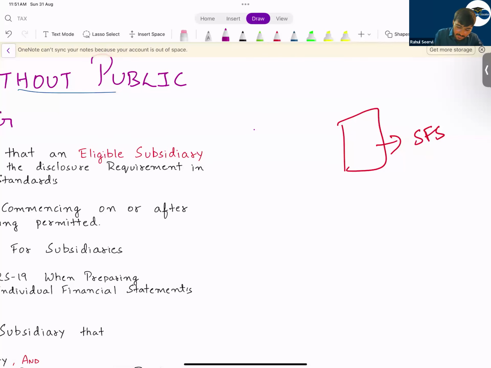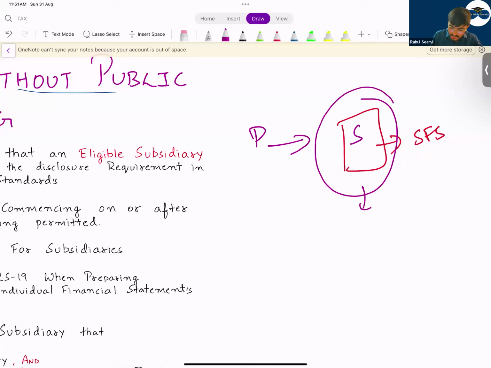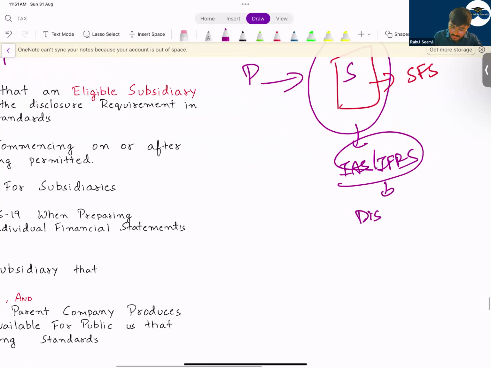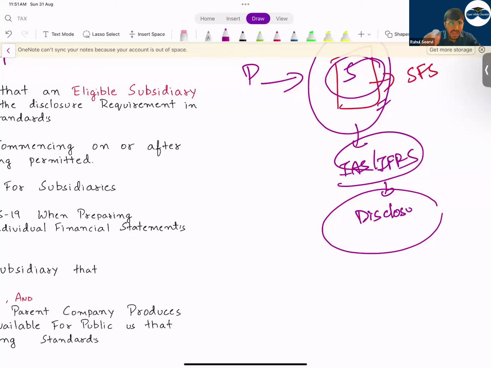Now this subsidiary company will have a parent company. This subsidiary company will follow IAS and IFRS. Now, when they follow IAS and IFRS, a lot of disclosures should be given. But IFRS 19 says what? If it is an eligible subsidiary as per the conditions mentioned in IFRS 19, this subsidiary need not provide the disclosures as mentioned in the standards.